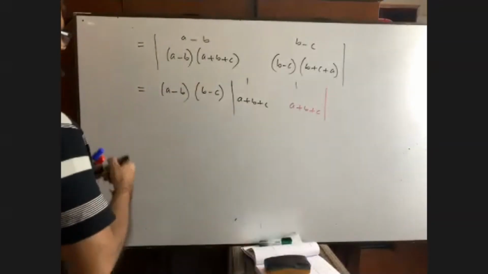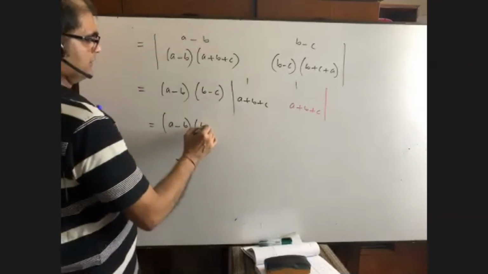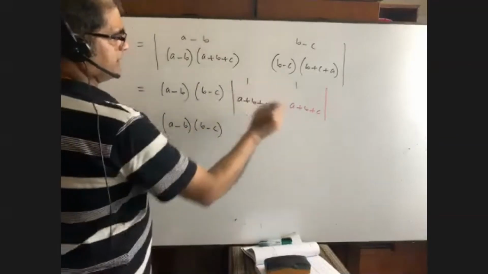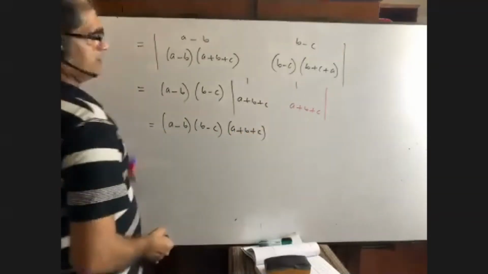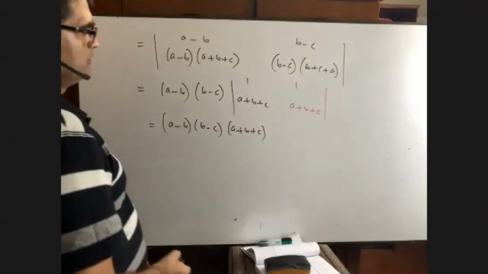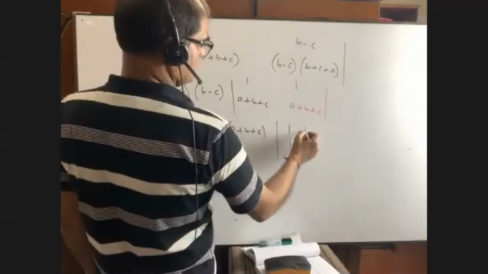It means a minus b, b minus c. If I take a plus b plus c common, then we are again left with 1, 1, 1, 1.